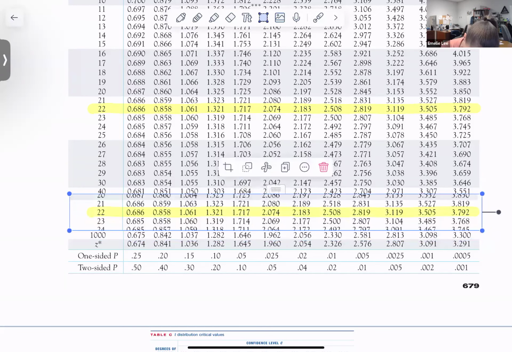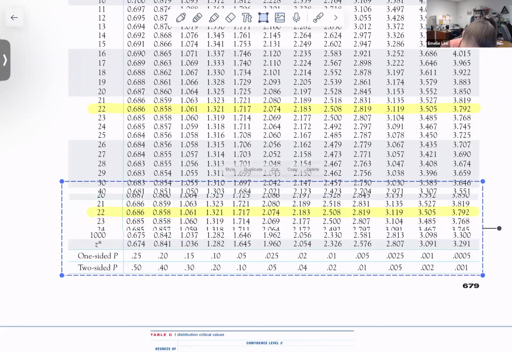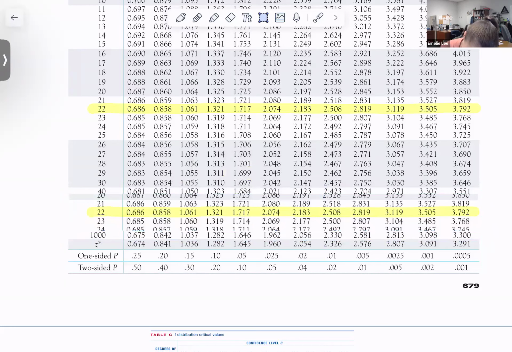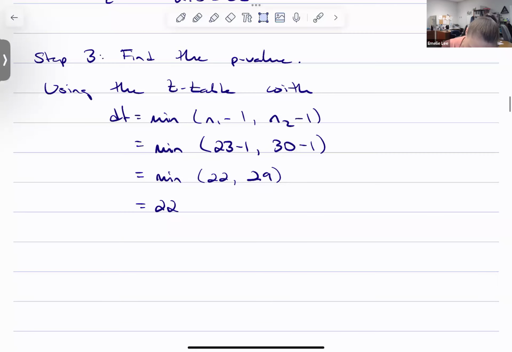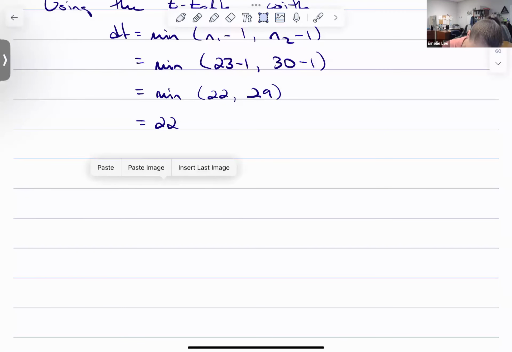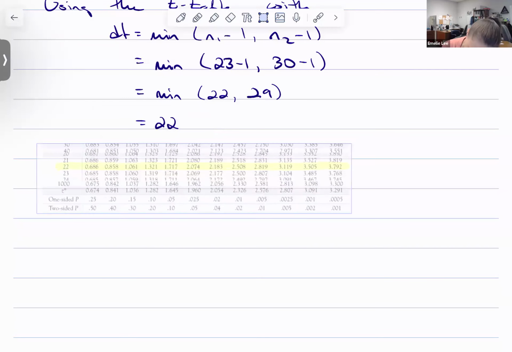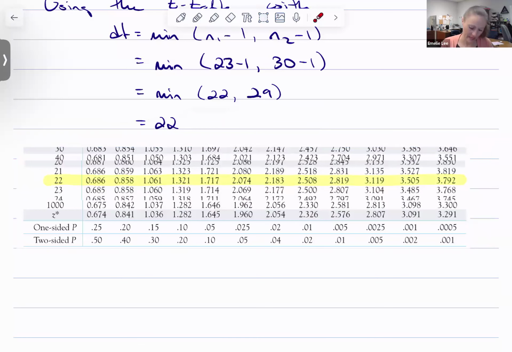Let's put it up here temporarily. Sorry. Copy, delete. Just so I don't have to do it twice. Paste image. So I have 22 degrees of freedom, and I kind of scrolled through, skipped a bunch here.